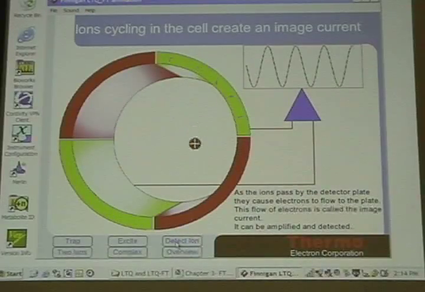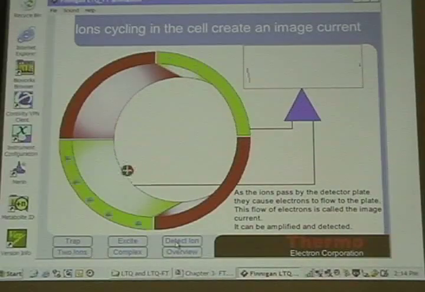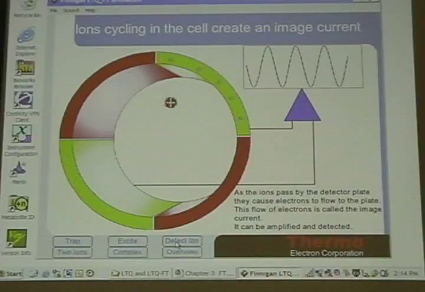Except the FT cheats. So I want to talk about that little cheat for a second. Remember I said there was some other mathematics? I said we're going to apodize, we're going to zero fill, and then we're going to do an FT. Then we're going to do a bit more mathematics, and we're going to get a mass measurement. That bit more mathematics is a signal to noise reduction.